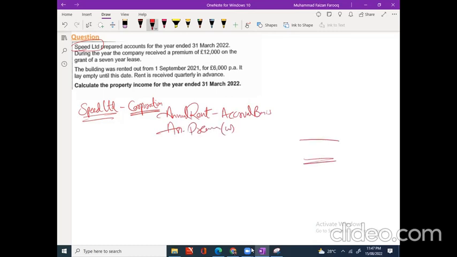No need to consider the tax year, only the accounting year, because this is a company. So when you rent it out, which date, and what is the rent of the year, and how many months is rented out during the year? Can you tell me, please?